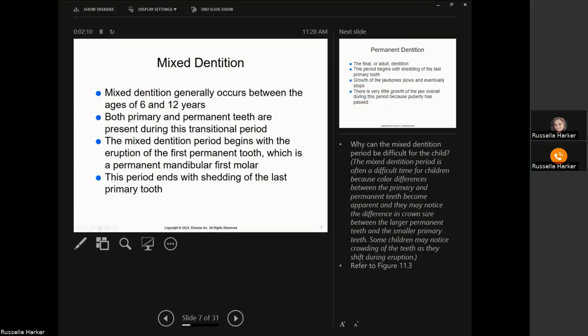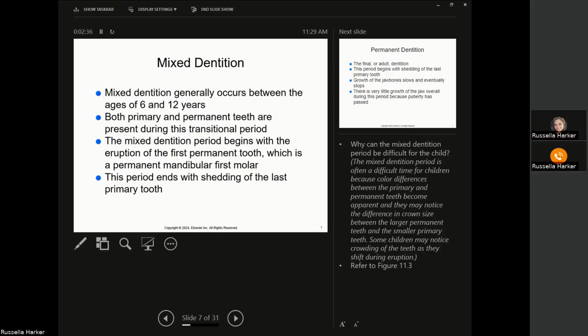With mixed dentition, it generally occurs between the ages of 6 and 12. You'll have both primary and permanent teeth during that period, and that begins with the eruption of the first permanent tooth. Most people think that the first permanent tooth is a lower central incisor, those front teeth that you see kids lose, but generally that's not true.